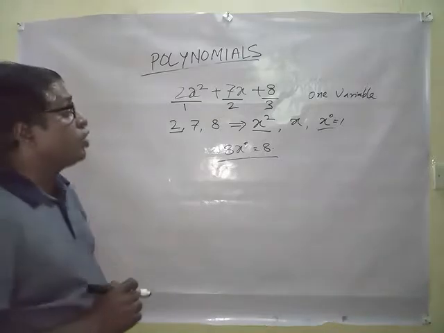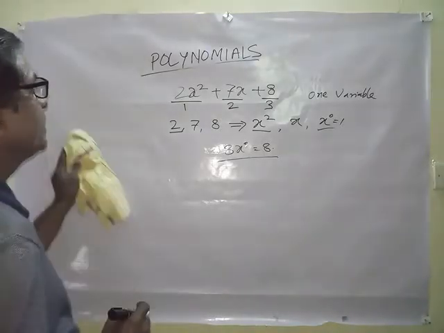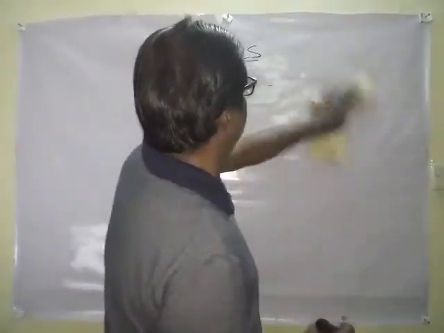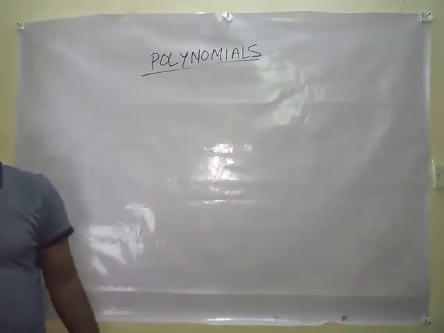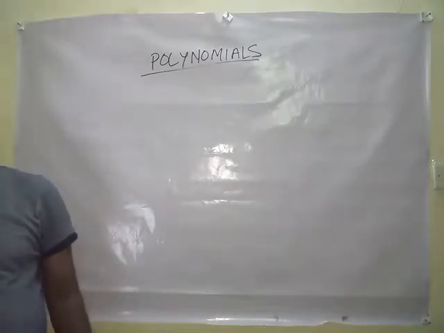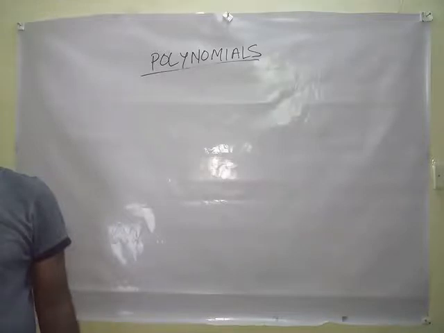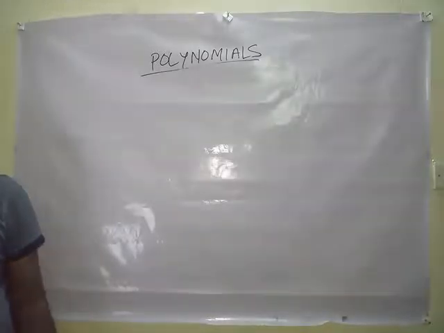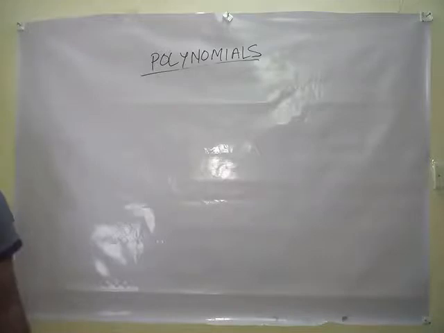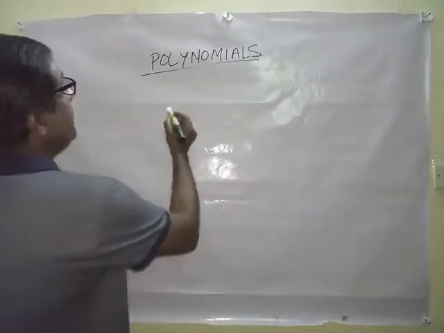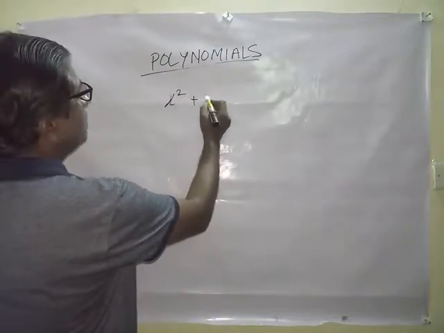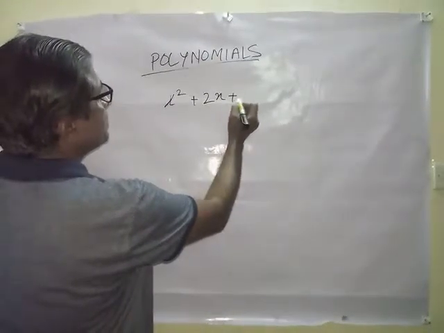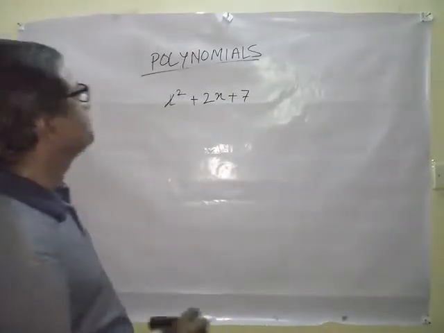Degree of the polynomial equation. Let us take another example. What is the degree? x square plus 2x plus 7.